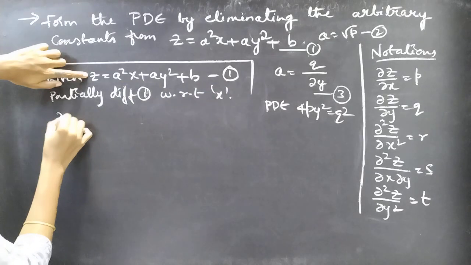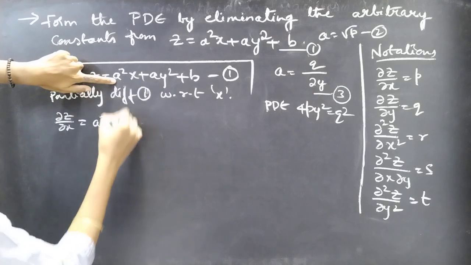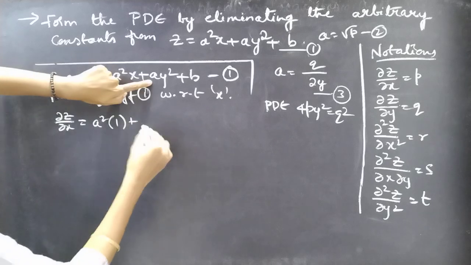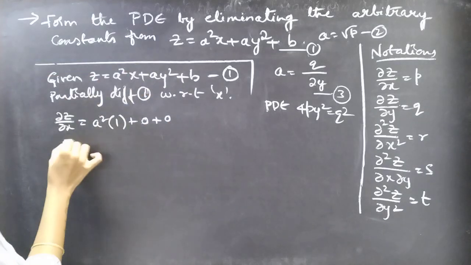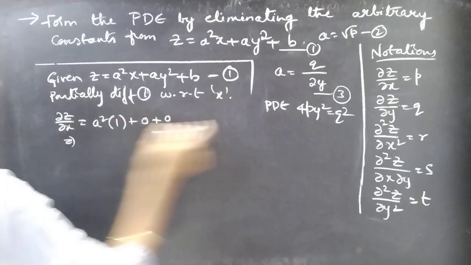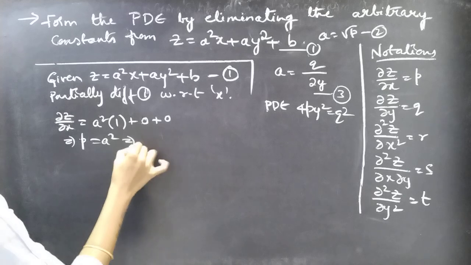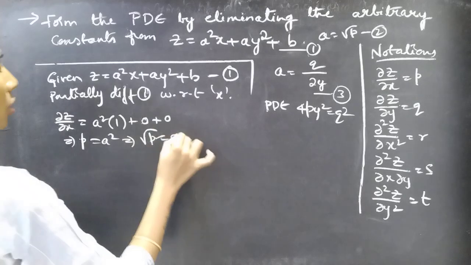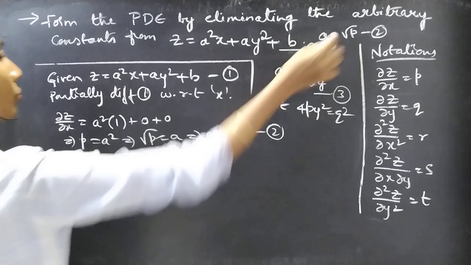Which gives us dou z by dou x equal to a squared into the partial derivative of x with respect to x is 1, plus the partial derivative of a constant with respect to x is 0, plus the partial derivative of a constant with respect to x is 0, right? Since dou z by dou x equals p, we'll get p equal to a squared, or square root of p equals a, or a equals square root of p, considered as equation 2.